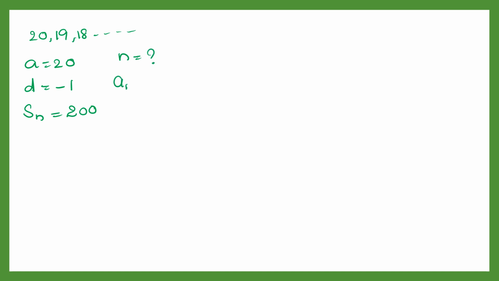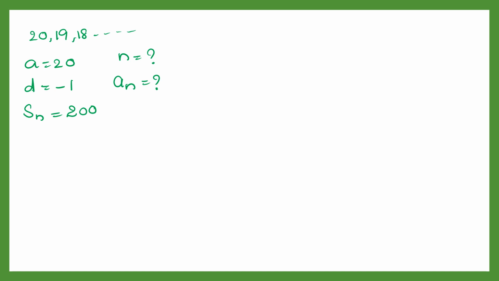Let's write the series again: 20, 19, 18 and so on. First term a is 20, common difference d is minus 1, and sum of n terms is 200. We need to find n, the number of terms, and an, the nth term.